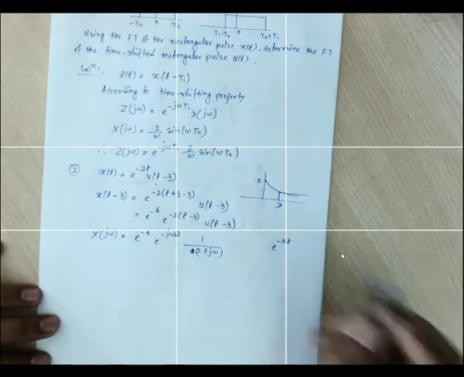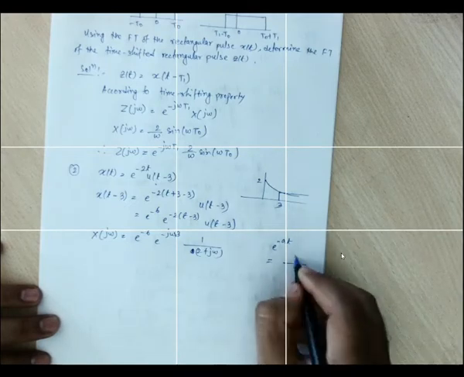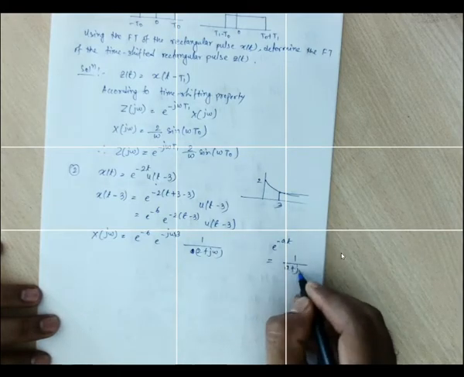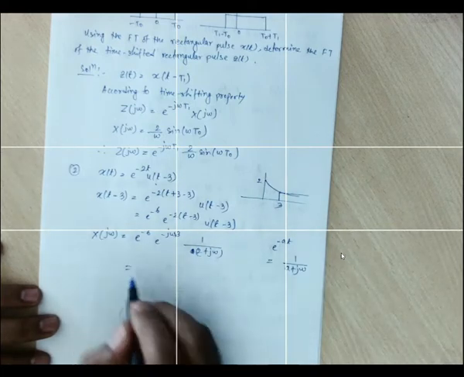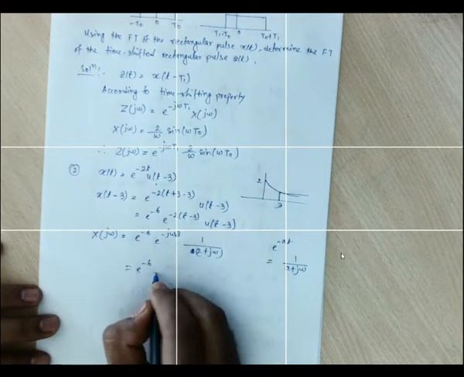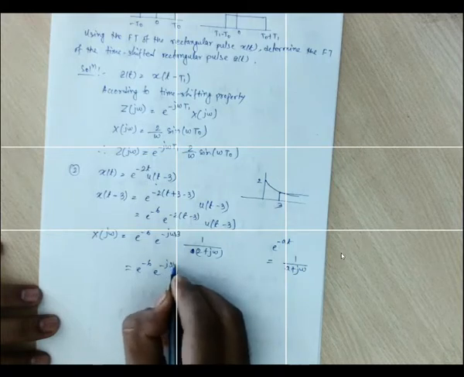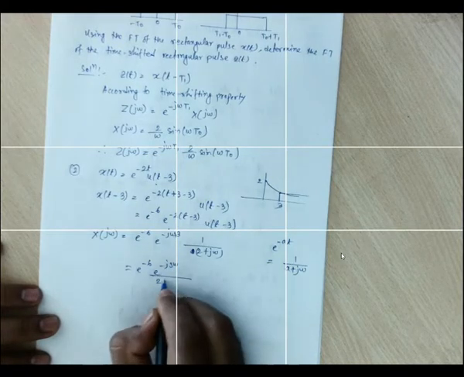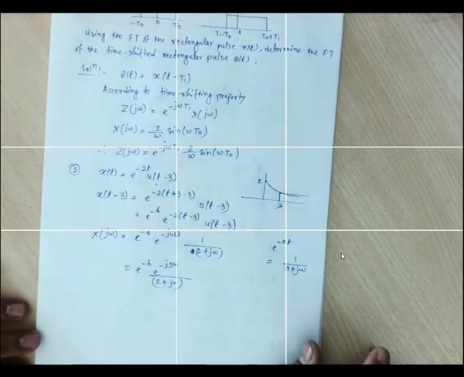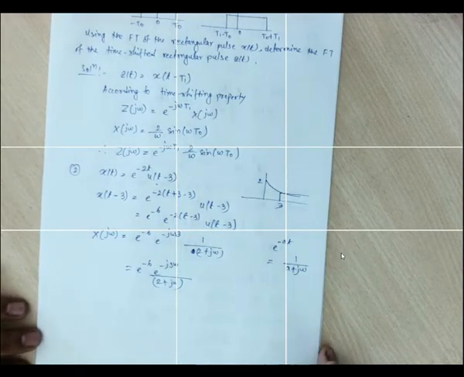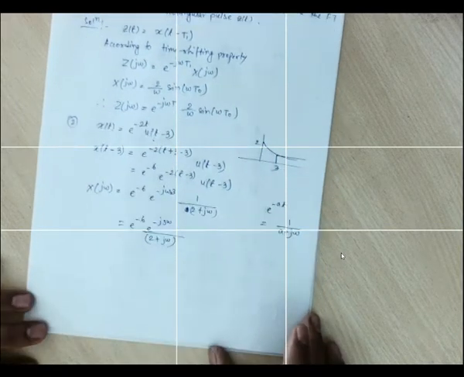For that, if you take the Fourier transformation, it comes as 1 by a plus j omega. That is what we have written, 2 plus j omega. So we can say it is e to the power minus 6 e to the power minus j3 omega by 2 plus j omega. So it is the result of this. Clear? What we did?